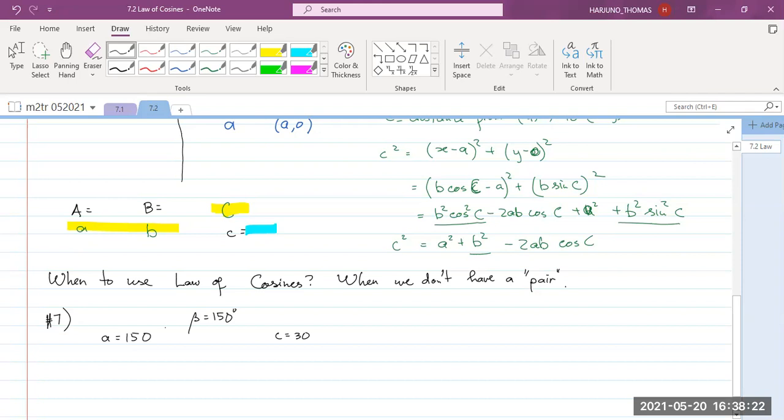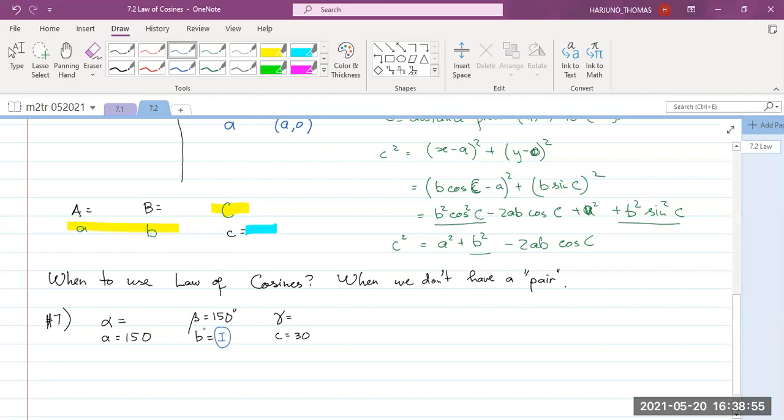Okay, now using this, which of the following we need to compute first? Angle alpha, or side B, or angle gamma? The one we can find first is actually side B using law of cosine.